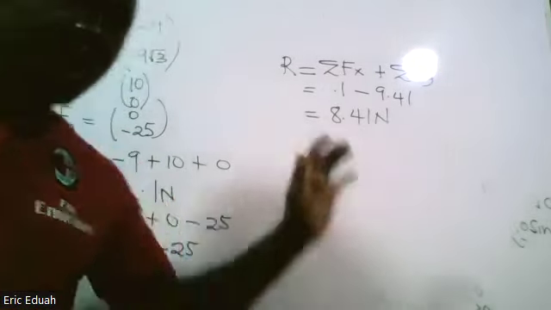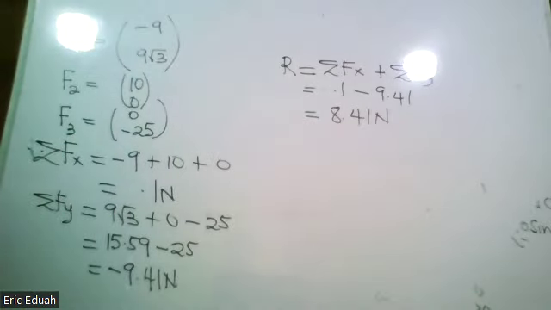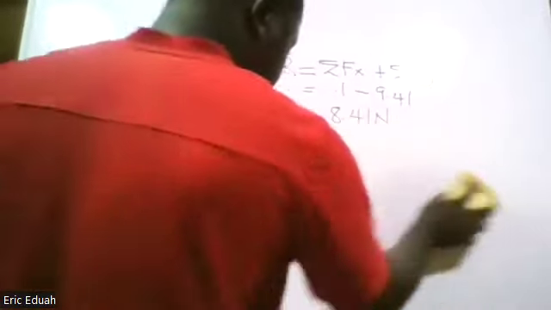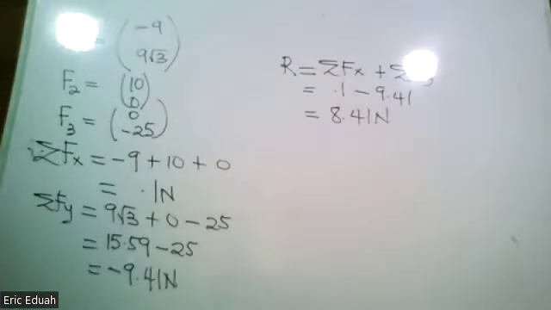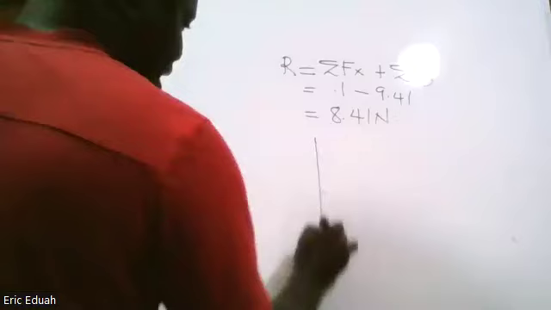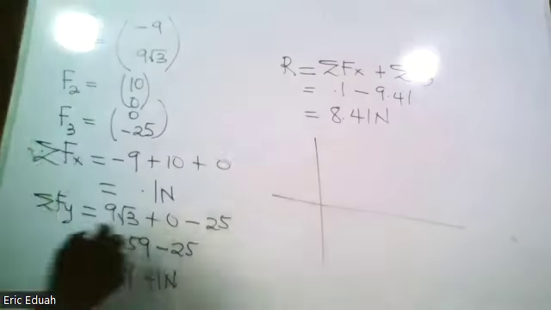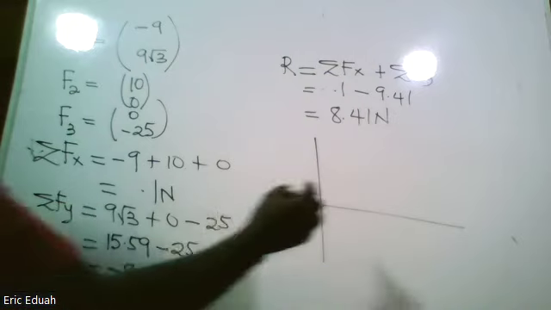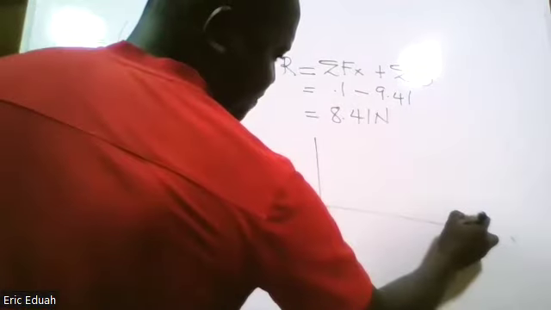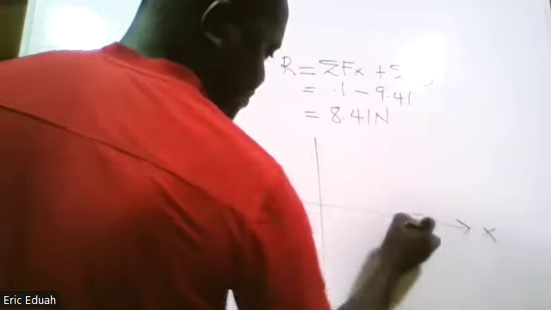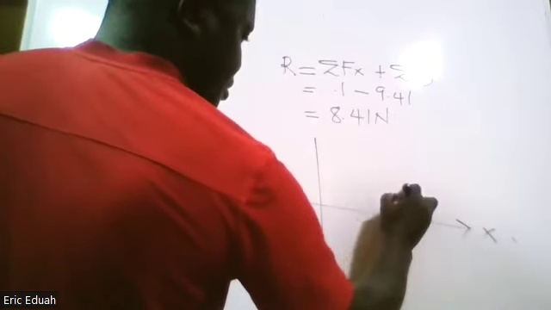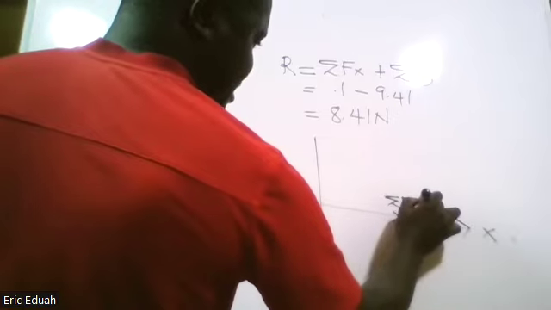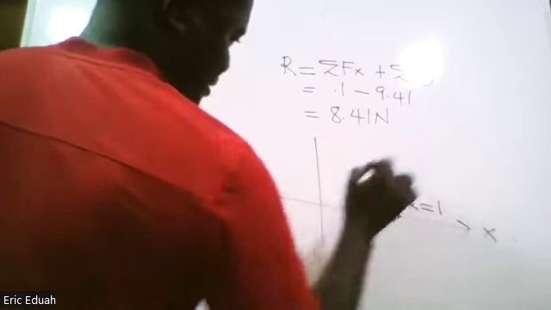Okay. When you get to this point, you draw on the XY axis. Your summation Fx is +1. So it will be along the positive X. This is summation Fx, which is equal to 1.